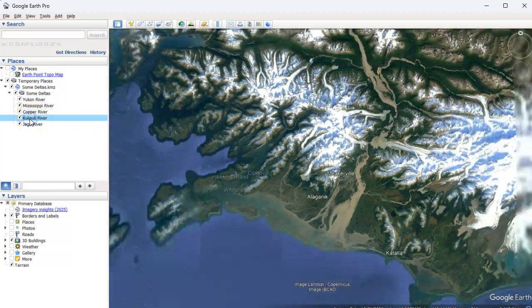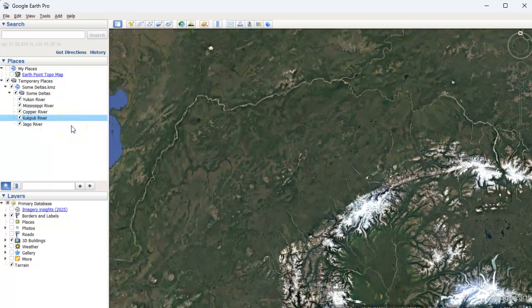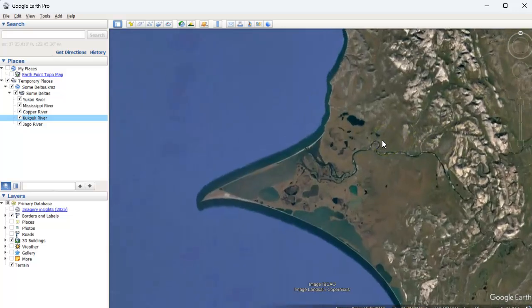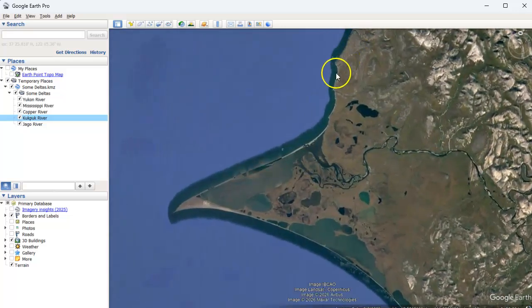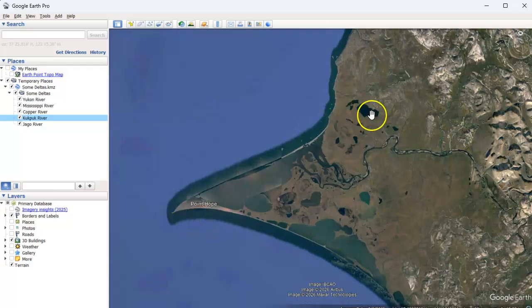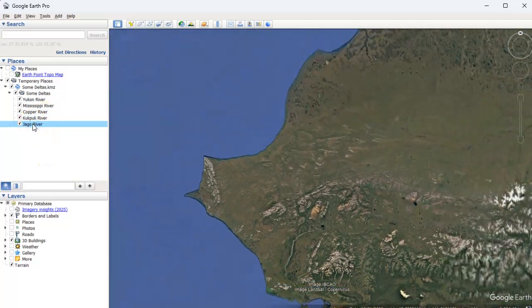And then the Kukpuk River has a pretty good example here of a cuspate delta where we have a lot of action from longshore currents producing this great form, because materials carried by the river are deposited in the ocean and then the ocean takes over from this point.